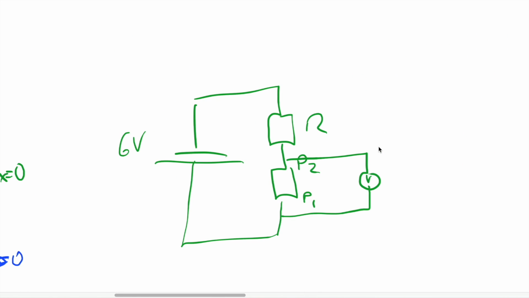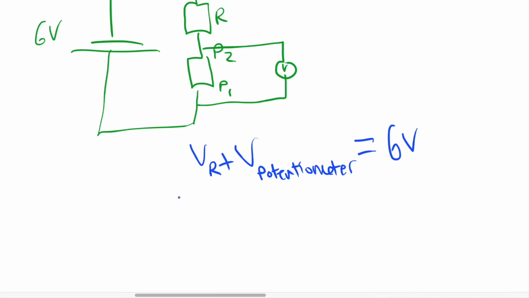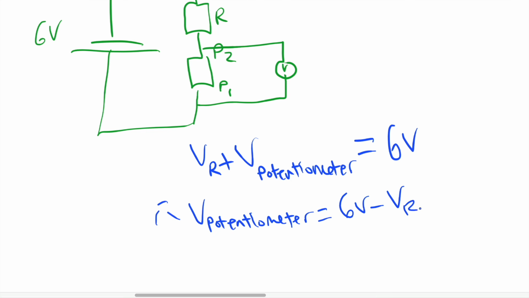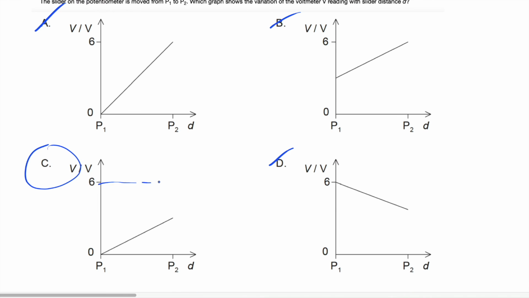So we know that V sub R plus V of the potentiometer is going to be equal to 6 volt, right? And both of them are non-zero, which means that the potential difference across the potentiometer is equal to 6 volt minus the potential difference across the resistor, and this is clearly less than 6 volt. So A is not correct, and C is correct, because the potential difference across the potentiometer has to be smaller than 6 volt.